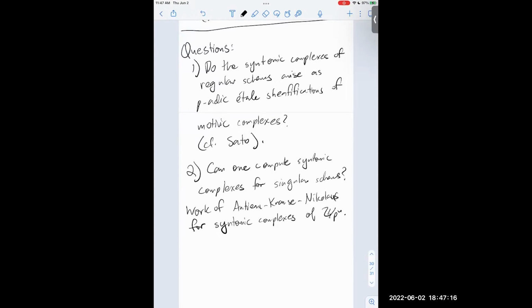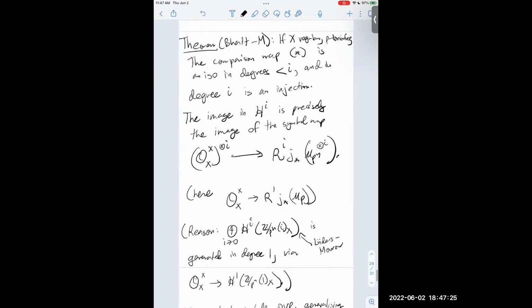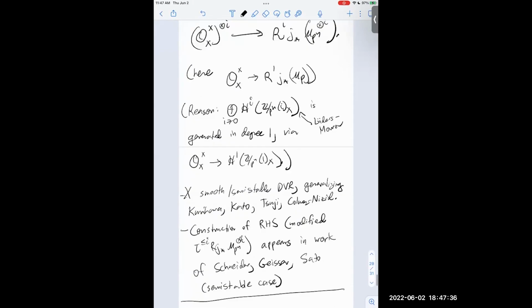Yeah, so in this talk I wanted to explain some of the ingredients that go into the proof of this theorem that gives a description of the synthomic complexes of regular schemes. Right. So let me start doing that.